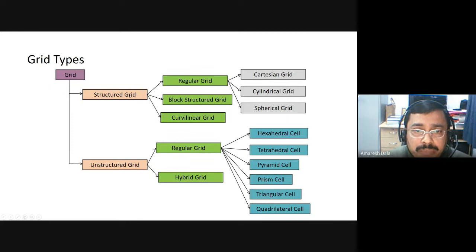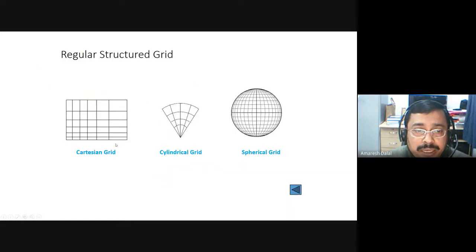Now in structured grid, we can have a regular grid, like the grid that follows the Cartesian grid. So these are orthogonal, you can see. In cylindrical grid, these are orthogonal, and in spherical grid, these are orthogonal. So these are known as orthogonal grids.